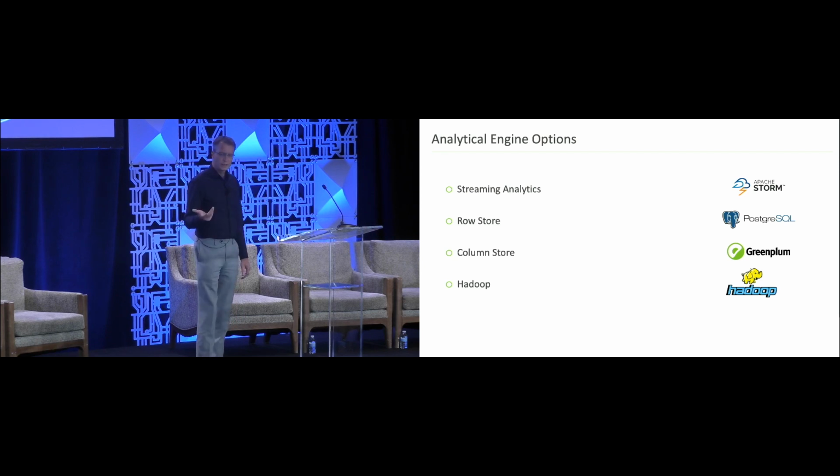But the important thing is, if, for example, we're talking about a row store, which we're talking about Postgres, or we could be talking about Oracle, they're fundamentally using the same technologies underneath. There might be some small percentage points in terms of performance you can get from one or another, but they're all pretty much using the same technology.